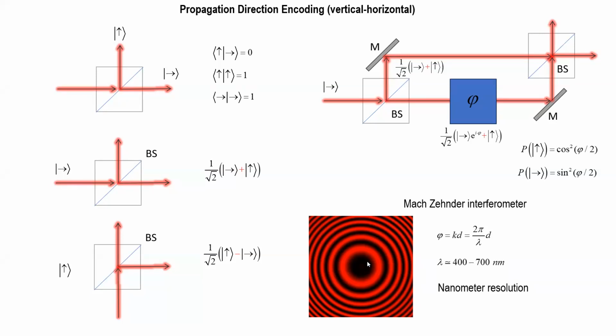Okay, so these bright and dark states correspond to the states of high probability of finding the photon and low probability of finding the photon.